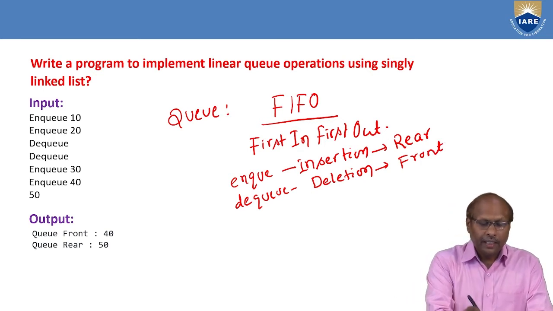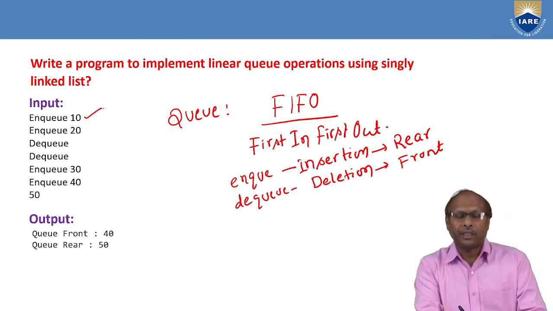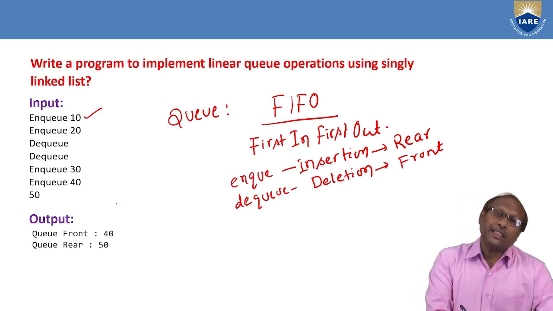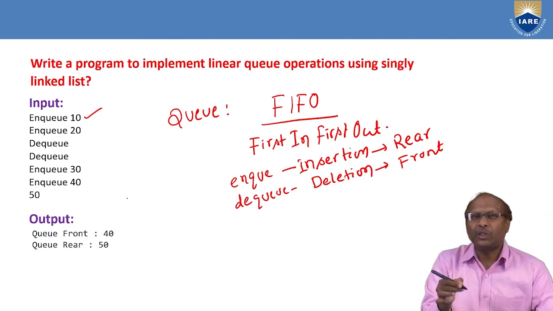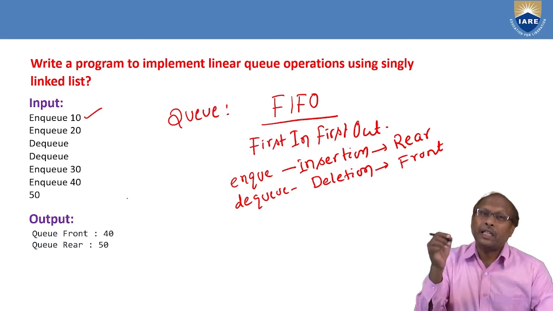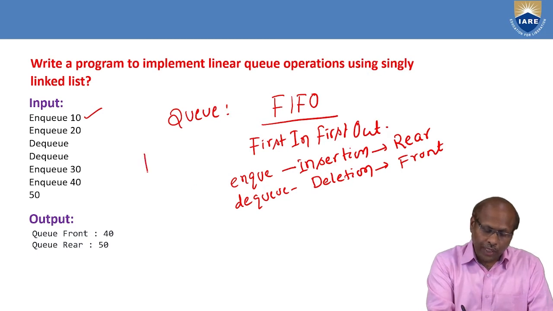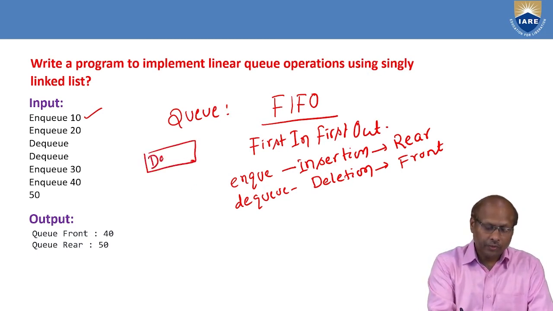Okay. Let us have a simple linked list program. First, let me implement the ENQUEUE operation. That means I have to insert the data. Whenever I say using a linked list, you have to create a node. Inside the node, you keep your data, and in addition to data, you have to maintain one link also, because you are implementing using a linked list. So every node will have two parts. One is the data part, and second is the link part.